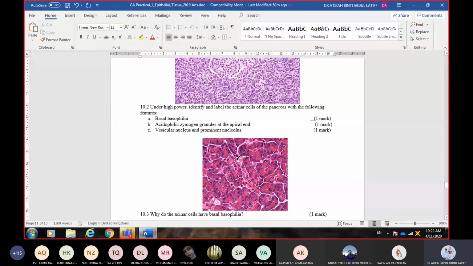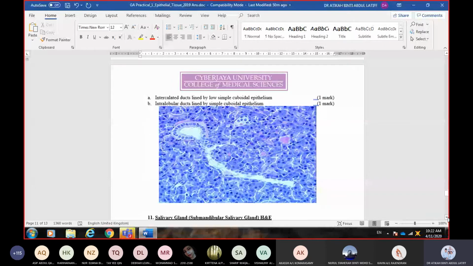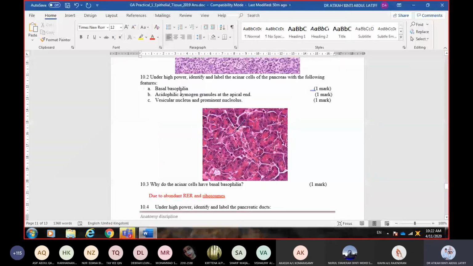Prominent nucleolus is a nucleus of the nucleus, and we will see, I think, here it is still not prominent because this is under low power, but you can refer back to my slides to see these features: the basophilia, zymogen granules, and prominent nucleolus. So why do they have basophilia?